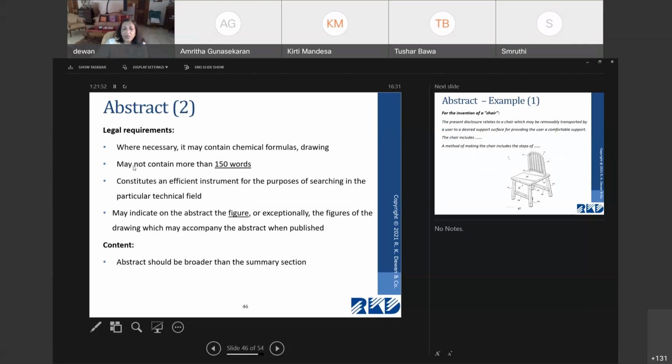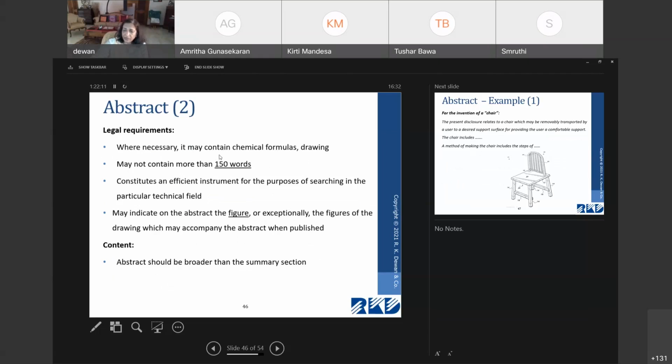Another legal requirement at the Indian Patent Office, other offices may have different requirements, is that in India we need to fit the abstract within 150 words.